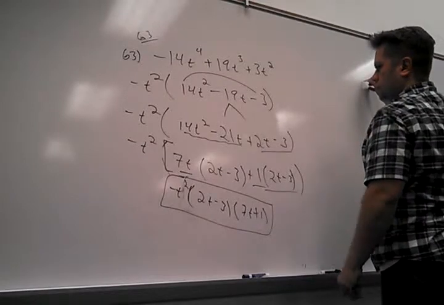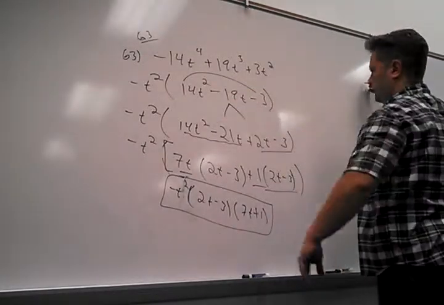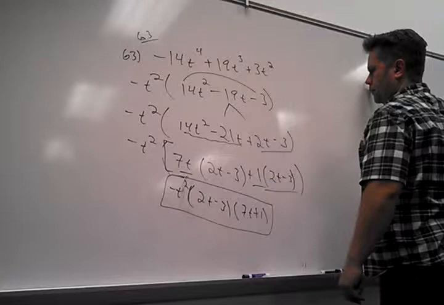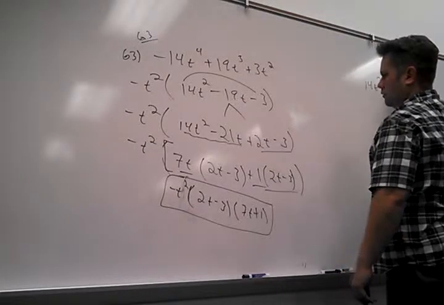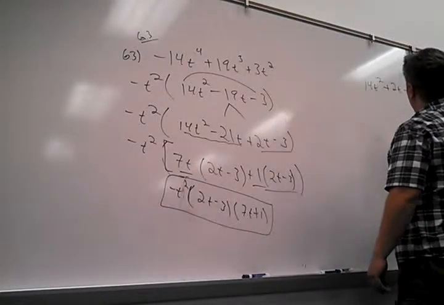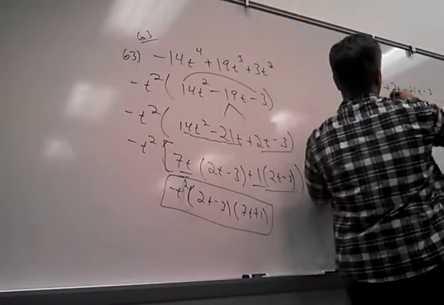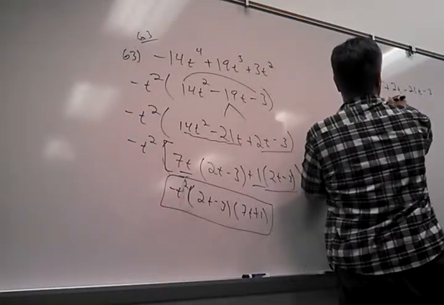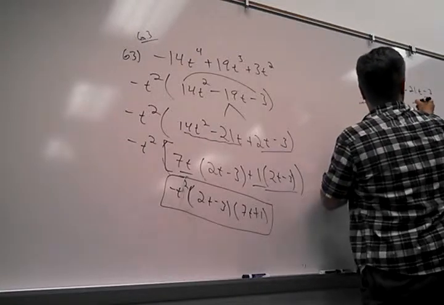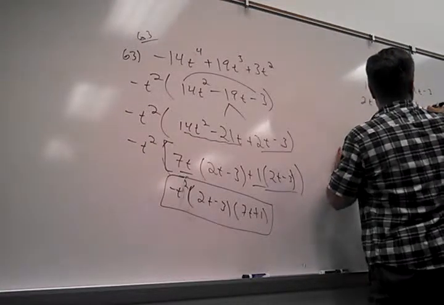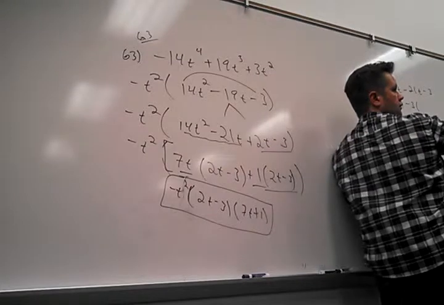So you did this. Let me just forget about the negative t squared for a second. You got this here, right? Yeah. Okay. So then here 2t comes out, and here a -3 comes out. I think. Yeah.